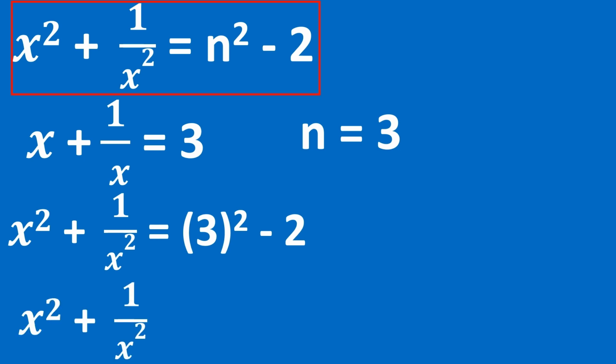And that further is simplified as x squared plus 1 over x squared is equal to 9 minus 2, and that is equal to 7. So we have successfully simplified, and we now have x squared plus 1 over x squared equal to 7.